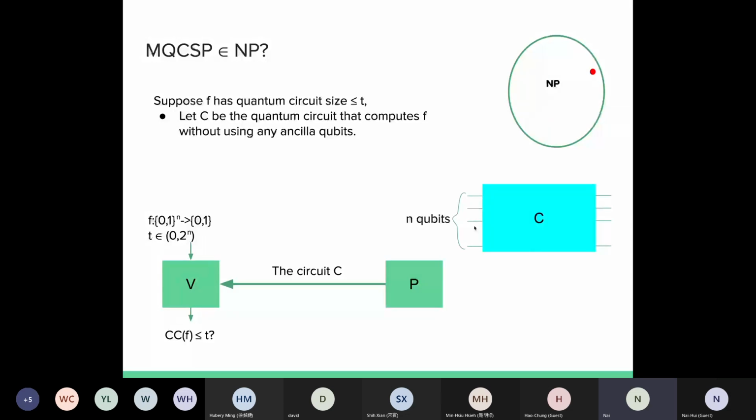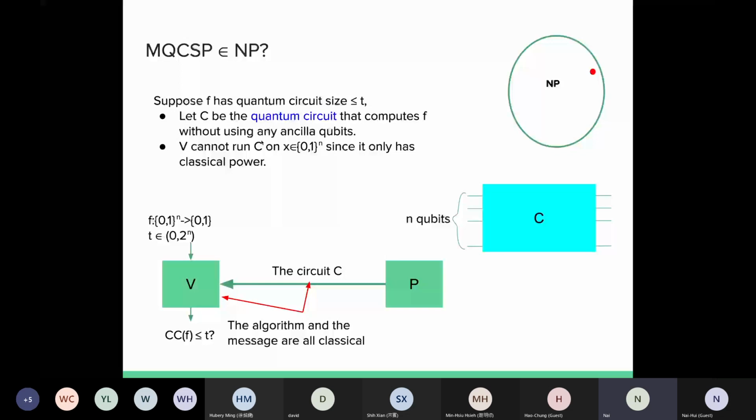So here we follow the same idea. We make the certificate to be the circuit C. The prover sends the circuit C to the verifier, and then the verifier just needs to check whether F and C are consistent.